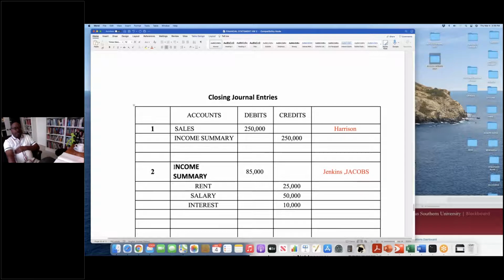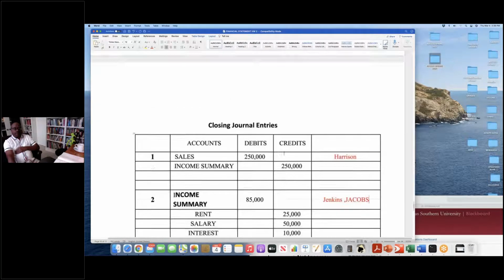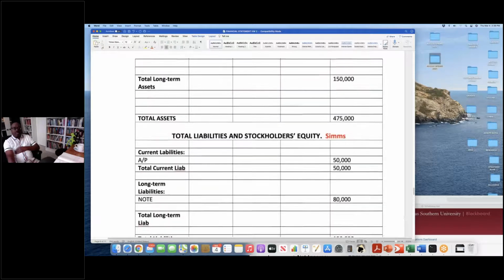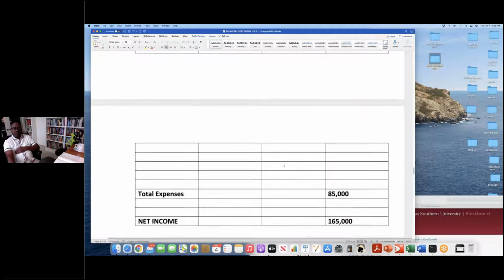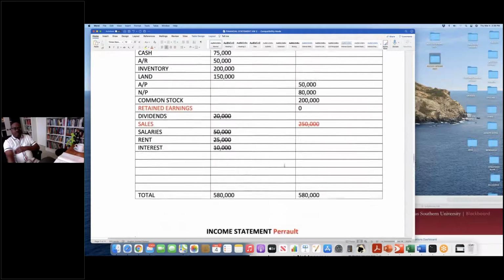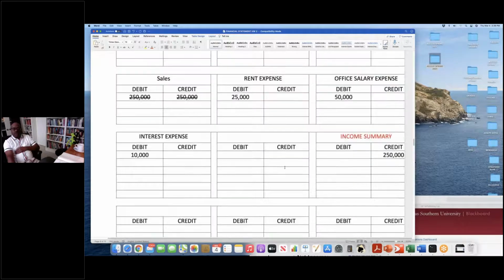Okay, now we got to post these. So we're going to come up here to the income summary. Now we're going to debit it for 85,000. Then we're going to credit all these expenses. Dollar expense 50,000.